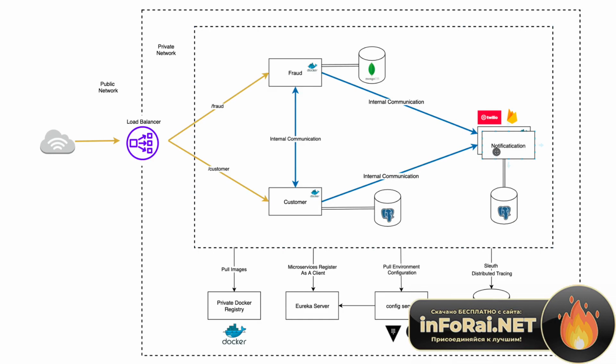And even worse, let's say that we kind of need to perform an upgrade on notification. So we found a bug, and in the meantime, a bunch of requests are coming through. Now, if we get rid of notification, then it means that the entire call from here to customer, fraud, and in here notification, 0 instances, this will fail.